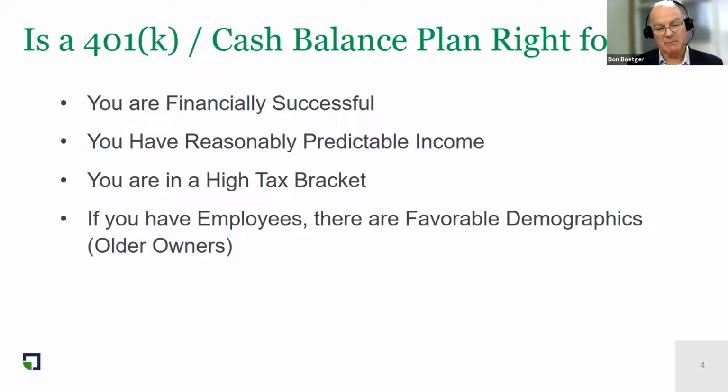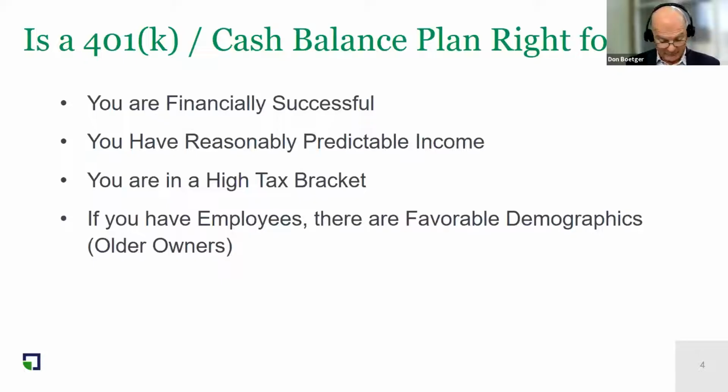Let me give you an example while we're here, a 60-year-old, for instance. I'm age 60. I'm very successful, and I'd like to save additional money for retirement, push down my current taxes and defer it to a later point when hopefully I'm in a lower tax bracket. We could design a plan for you that would put in as much as $264,000 in your name in retirement for your future.